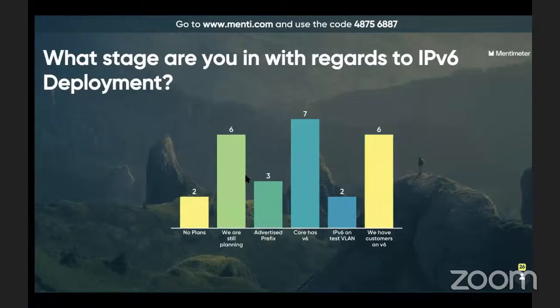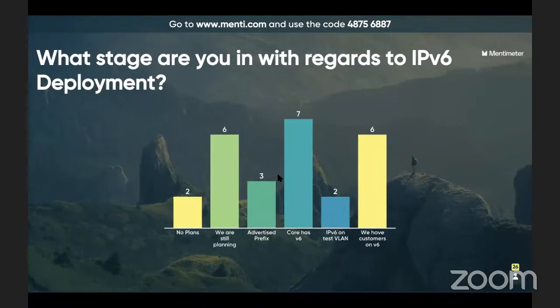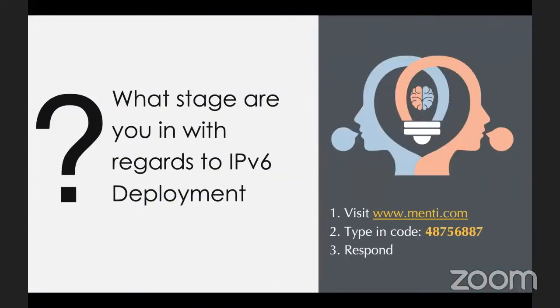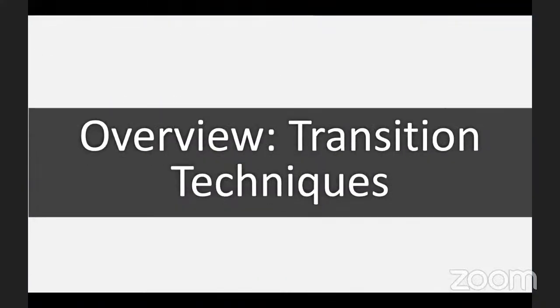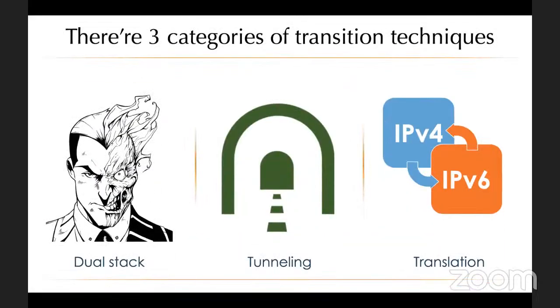Okay, so let's move on. Thank you so much for your participation. So as mentioned earlier on, this webinar is all about transition techniques. So I'll start with an overview. We look at the overview of transition techniques, which can be in 3 categories. We have dual stack, we have tunneling and translation.